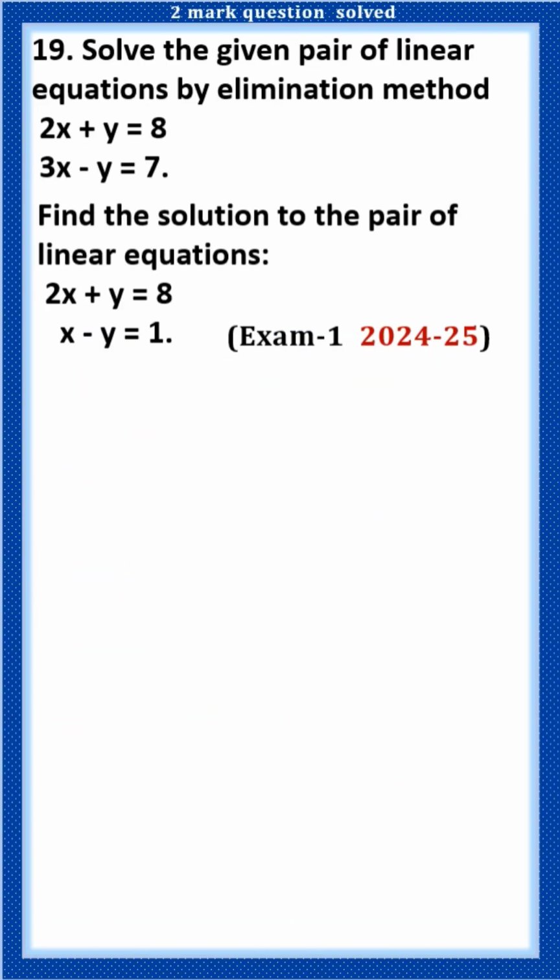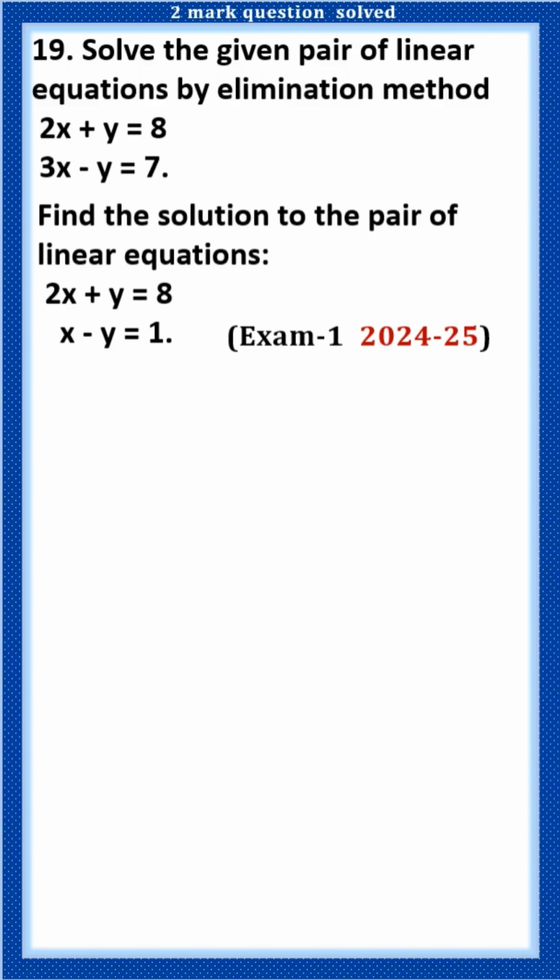Now the 19th question of the midterm examination of 2025. Solve the given pair of linear equations by elimination method. Two equations are given: 2x plus y is equal to 8, and 3x minus y is equal to 7. Similar questions appear in almost all the question papers.